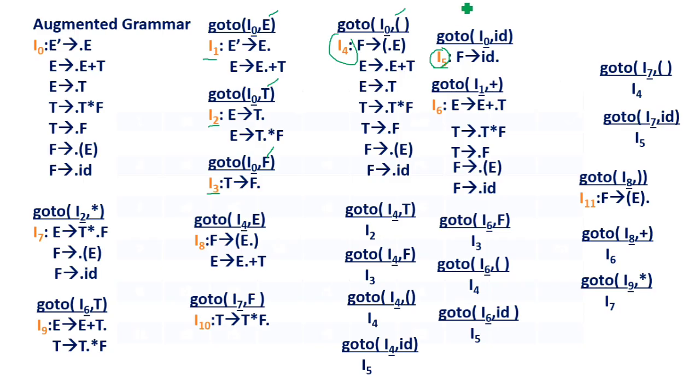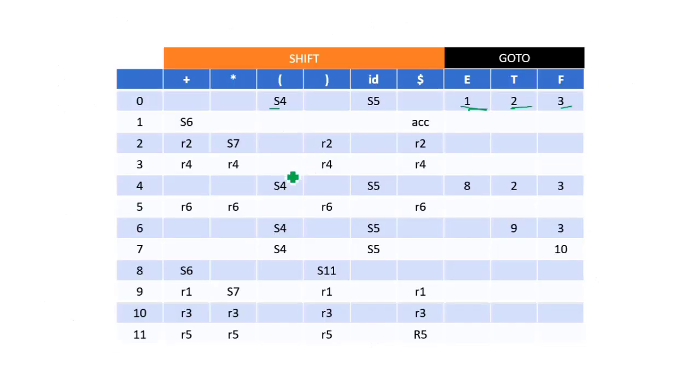For terminals, I0 comma open bracket goes to I4 and I0 comma ID goes to I5, so they are written as S4 and S5. And so on.